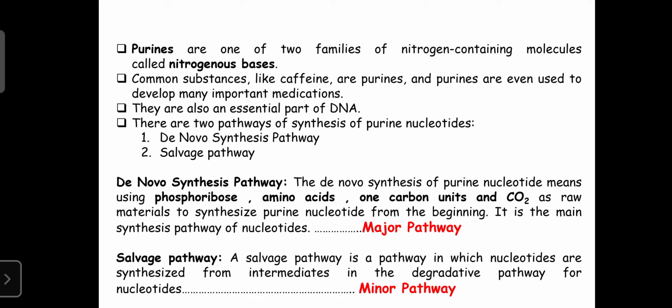It utilizes certain components or raw materials for the synthesis of the purines. Then there is the salvage pathway, where byproducts are utilized. Due to the metabolism of purines, certain byproducts such as hypoxanthine are formed, and these are utilized for the synthesis of purines. That pathway is known as the salvage pathway. It is the minor pathway.